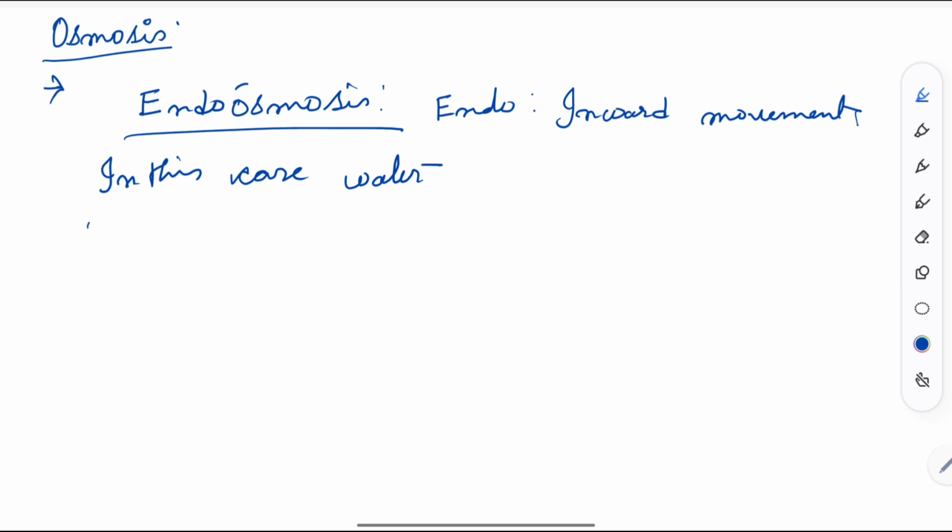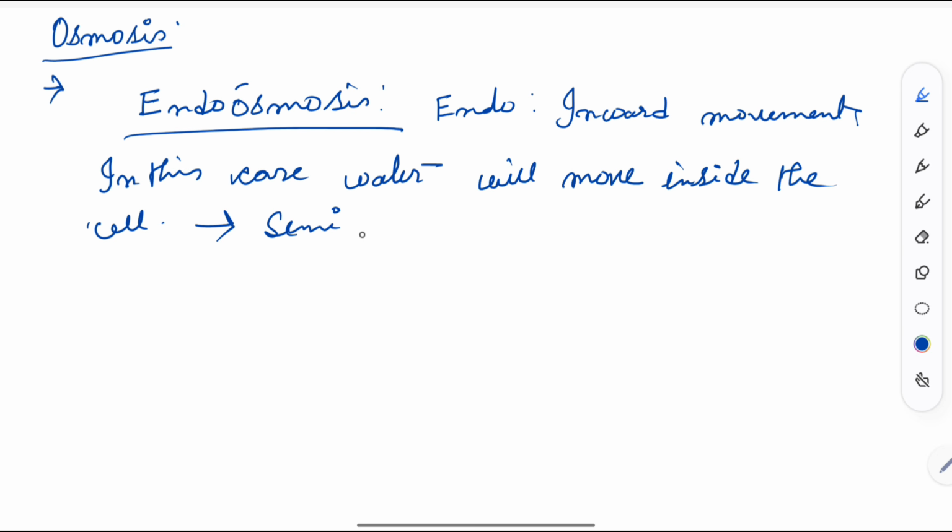Water will move inside the cell, right? Through, obviously, what? Through a semi permeable membrane, right? Unlike diffusion, osmosis always needs a semi permeable membrane.